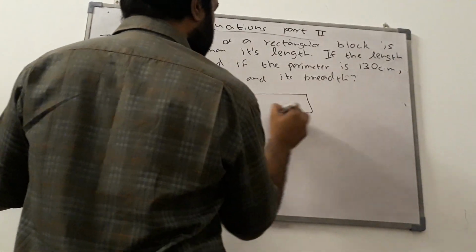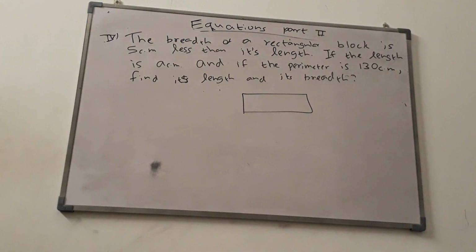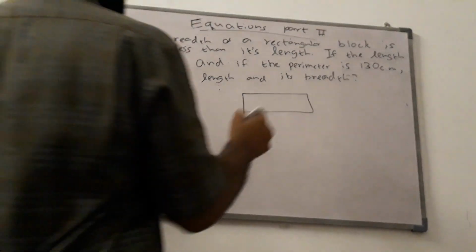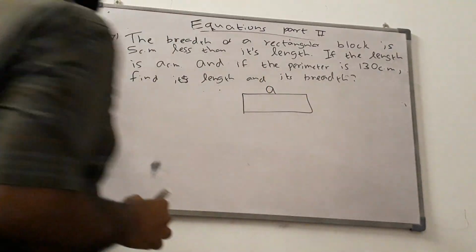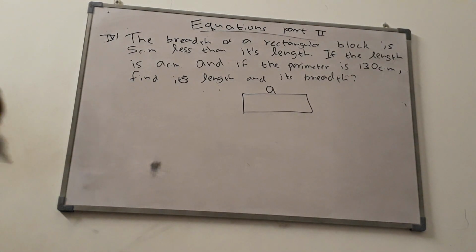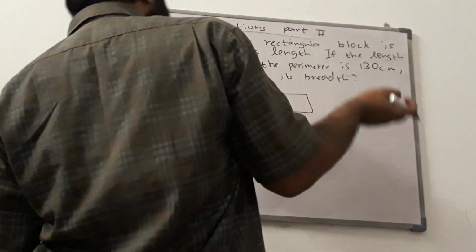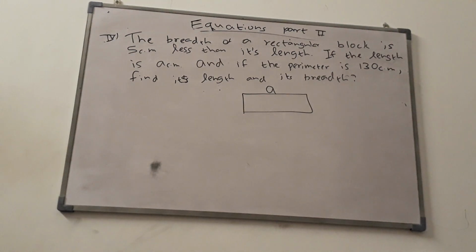Okay, rectangular block. It is said the length of a side is a centimeters. The breadth is 5 centimeters less than the length.